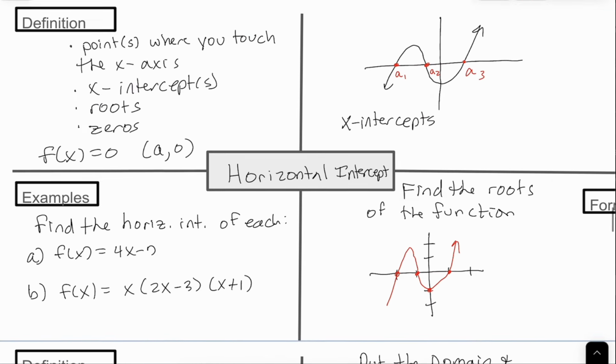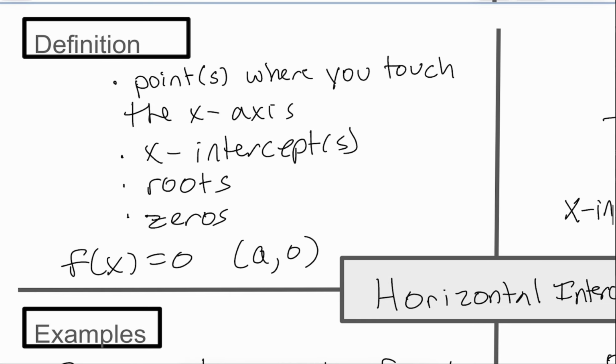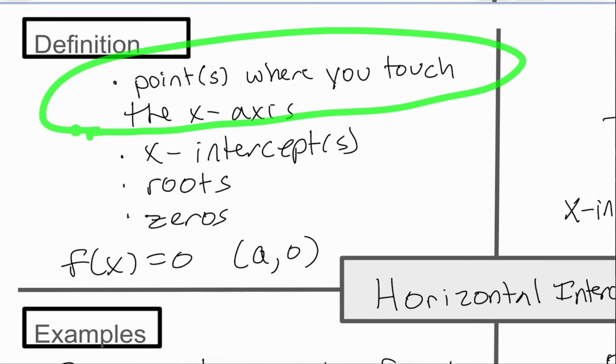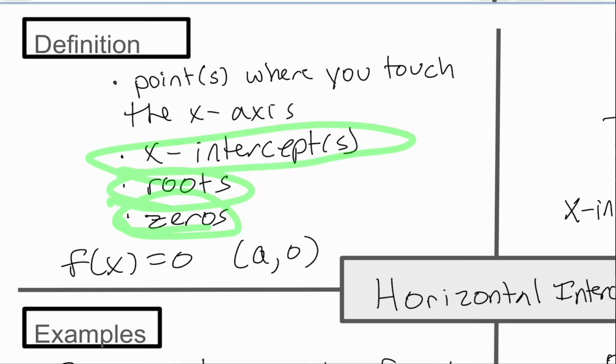Now let's jump to horizontal intercepts. Two more to go. Let's start with the definition. It is the point or points where you touch the x-axis. A function is allowed to have more than one of these. You can call them the x-intercepts, the roots, or the zeros.